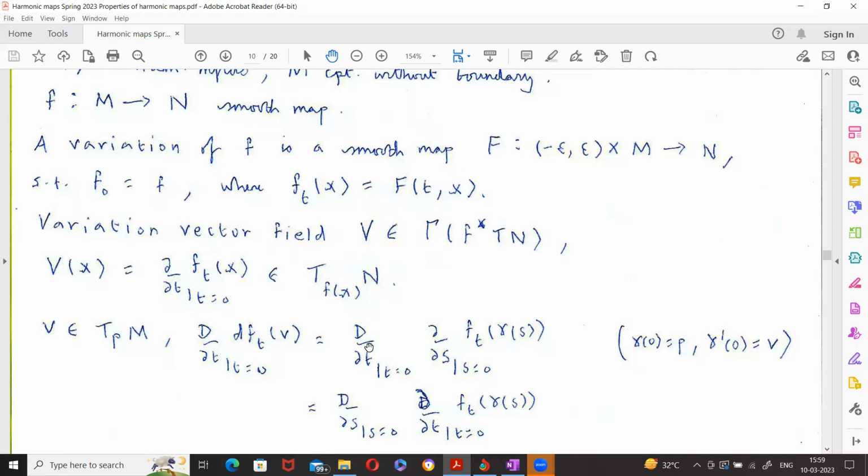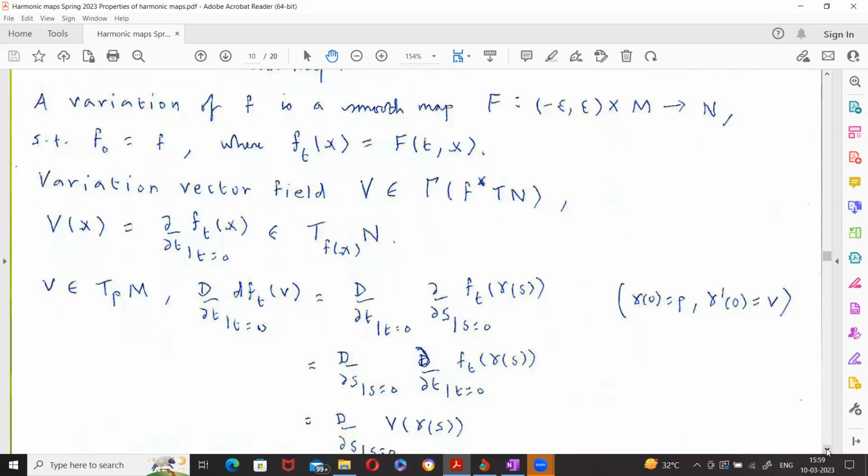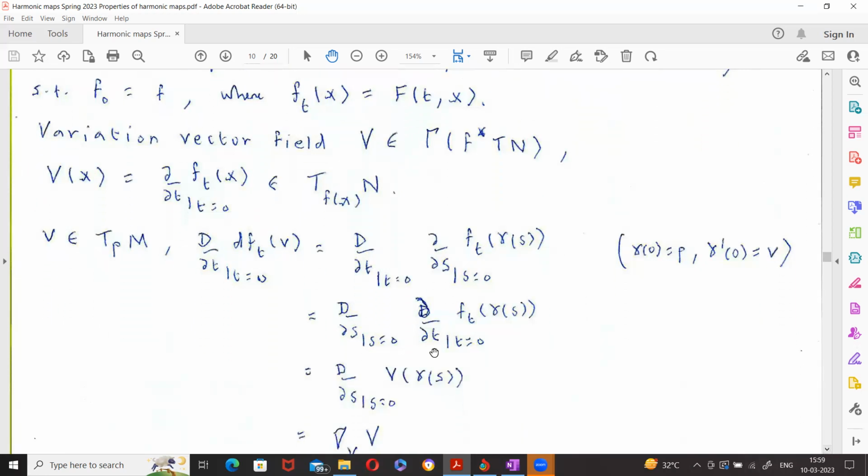Now the property which follows from symmetry of the connection means I can interchange this D/dt with this del/del s. So this becomes D/ds at s equals 0 of del/del t at t equals 0 of f_t(gamma(s)), and del/del t at t equals 0 of f_t(gamma(s)) is V(gamma(s)).